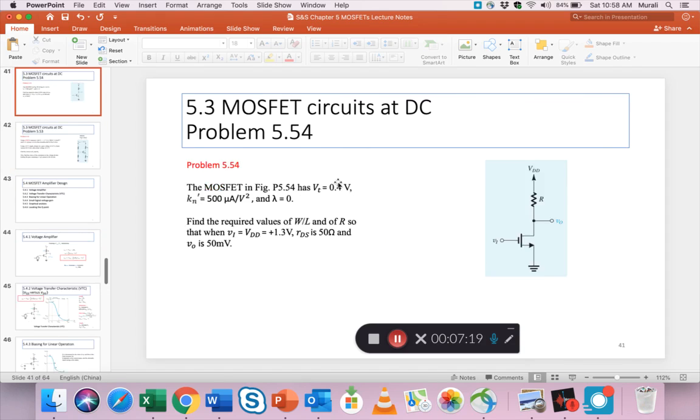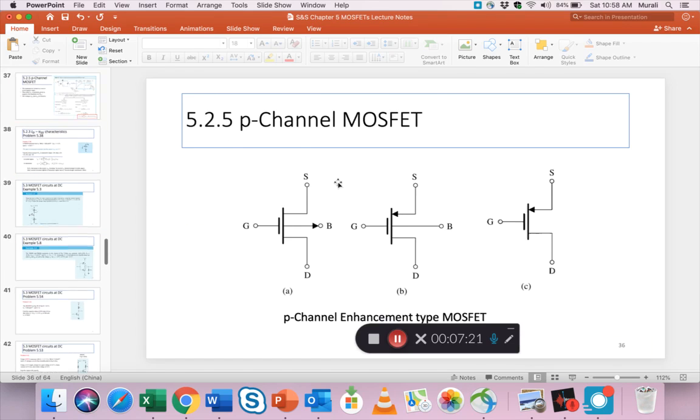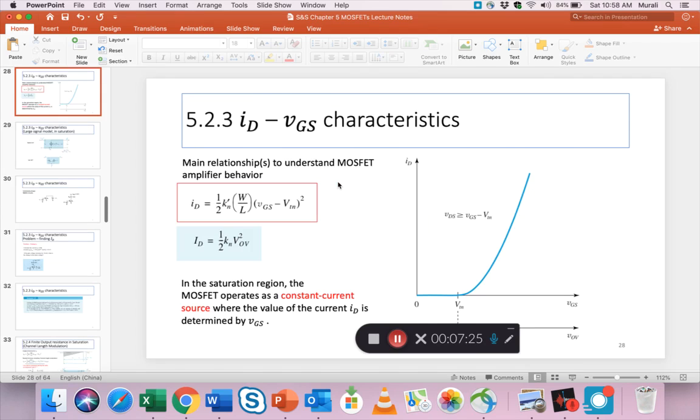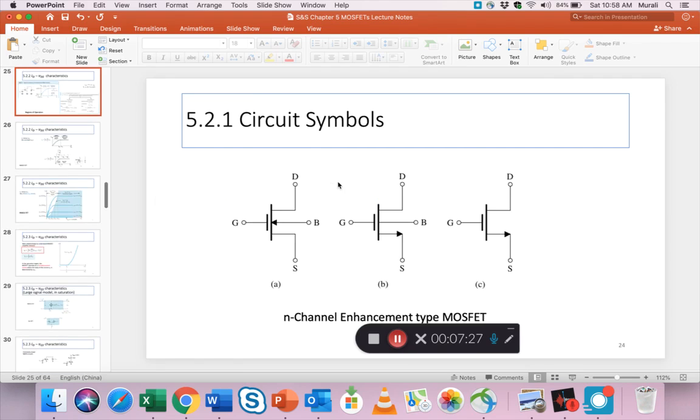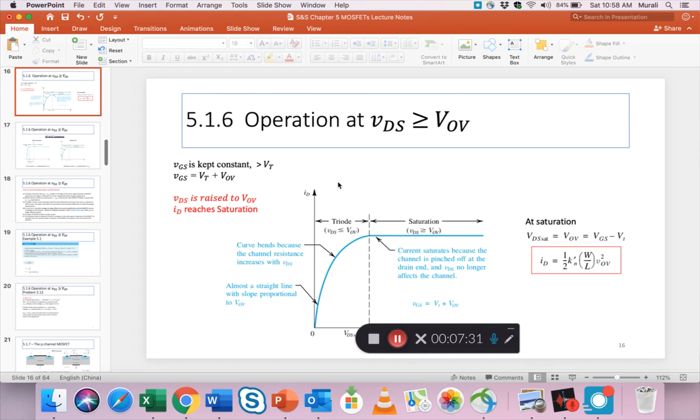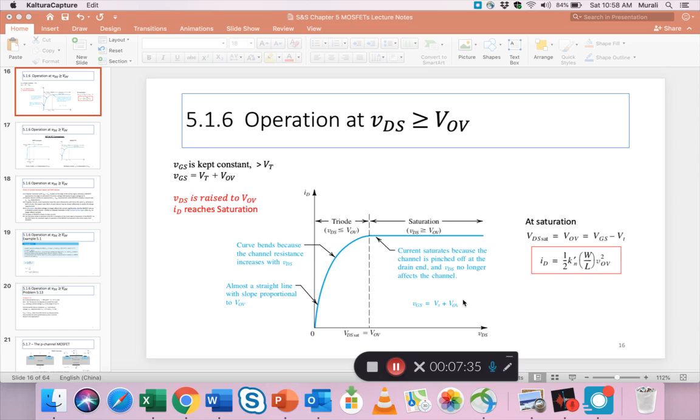Actually, I'm going to go back a few slides, just to show you what we looked at previously. Slide 16 is where you see what we studied, right? To understand the triode region and the saturation region, we had the VDS to ID relationship, okay?